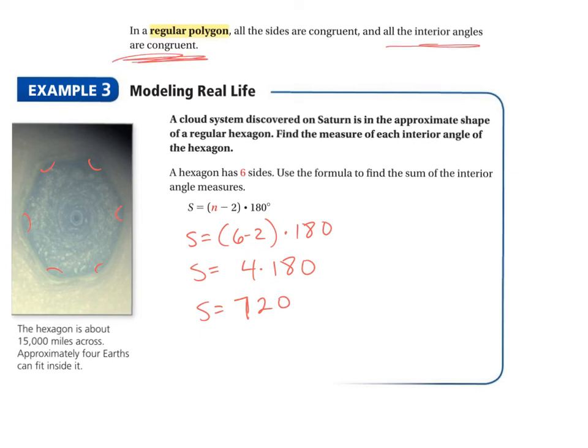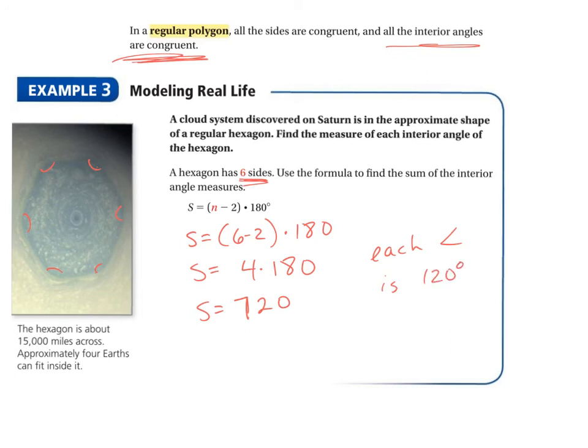Okay, so if all these angles add up to 720, and they're all the same, congruent meaning the same, well, how many do I have? 1, 2, 3, 4, 5, 6, right? 6 sides. So all I do is divide it by 6, and I get 120. So each angle is 120.